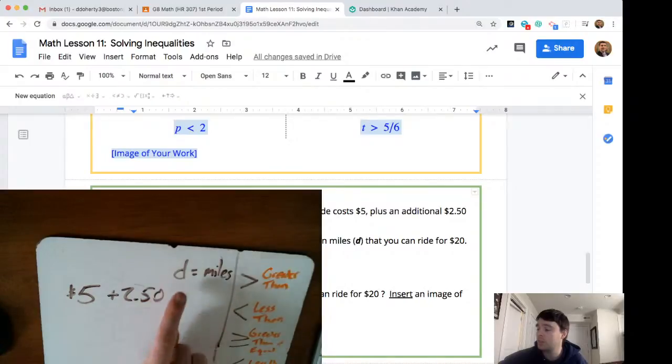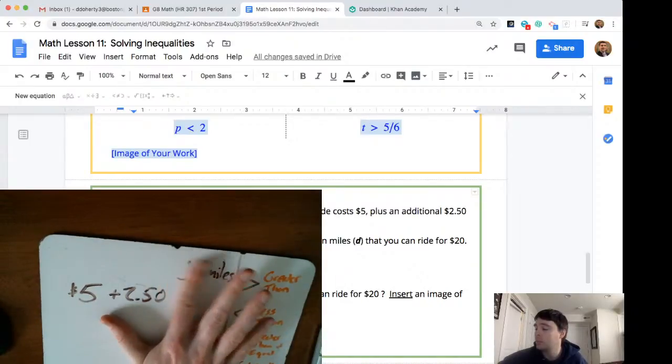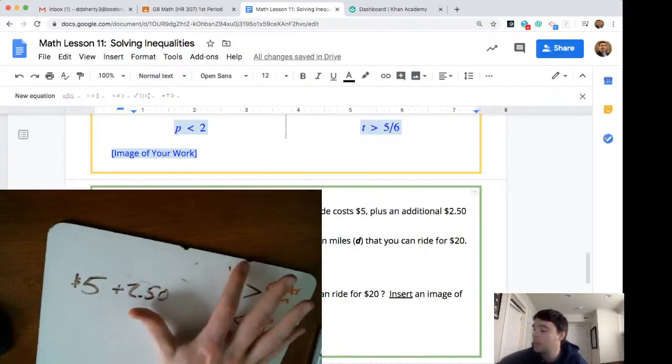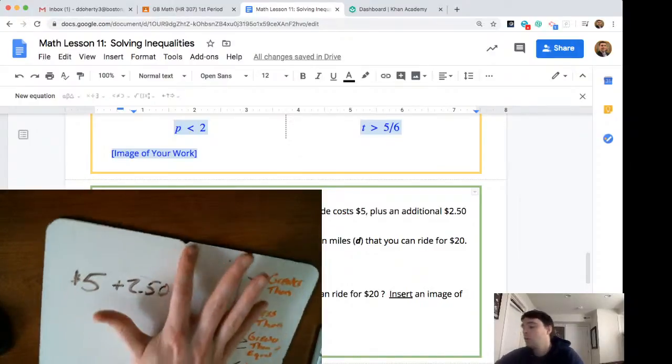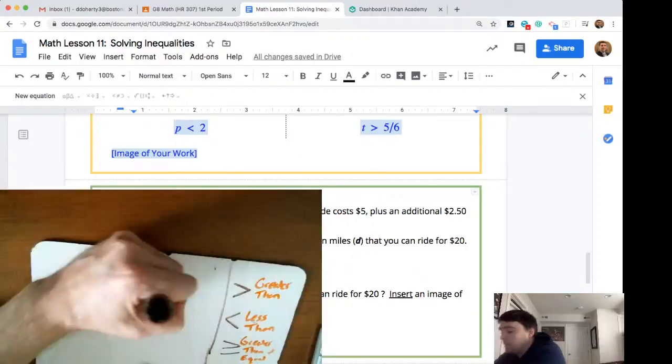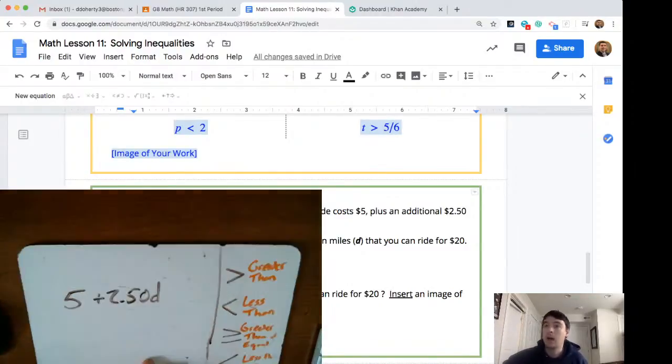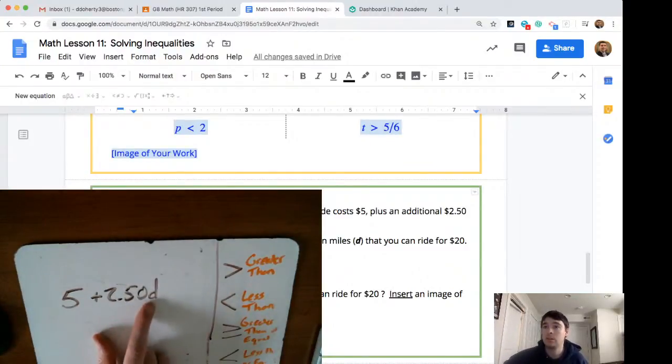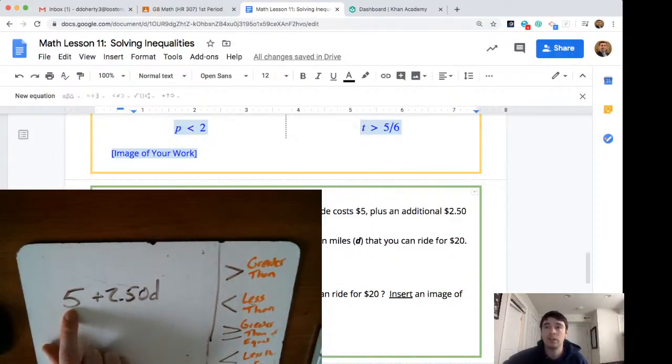So I'm going to use this variable here, D for miles, and put that into this inequality. $2.50 multiplied with D, because that's going to stand for the distance traveled, tells me how much extra I get charged. And the $5 is my initial charge. That tells me what I started at. So 5 plus $2.50 for every mile will tell me my cost.